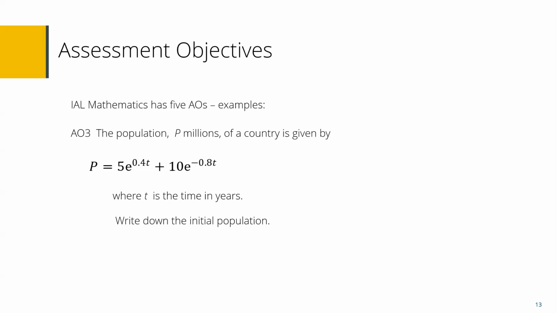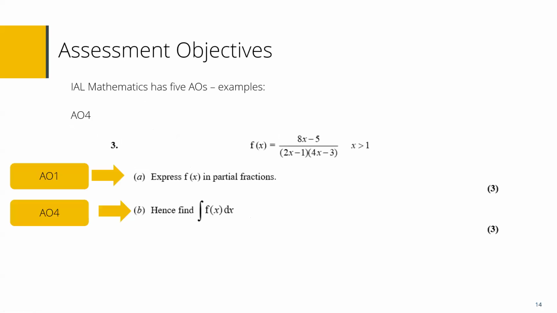Other examples are like modeling investments from Pure 2. And we will look at other problems as we go along. I just wanted to give you an example of a question with each assessment objective, just to clear the distinction between them.